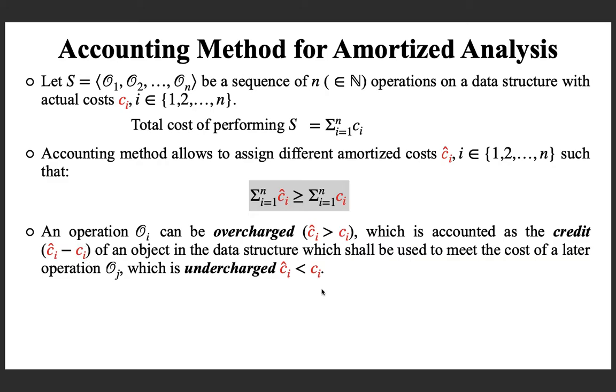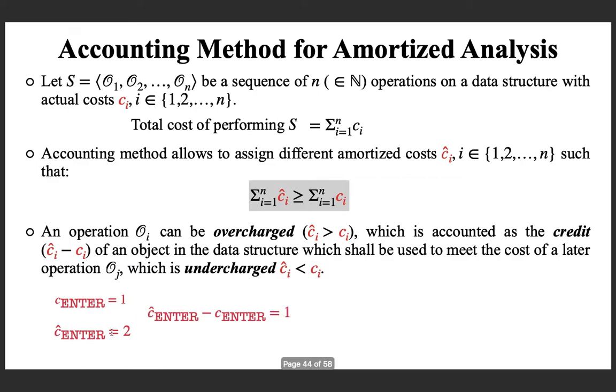Okay, and an operation is undercharged if the amortized cost is less than the actual cost. For example, the delete operation from the blocked queue, the actual cost is 1, but the amortized cost is 0. 0 is less than 1. I hope you are getting me. Now you see that this is the actual cost of enter and this is the amortized cost.